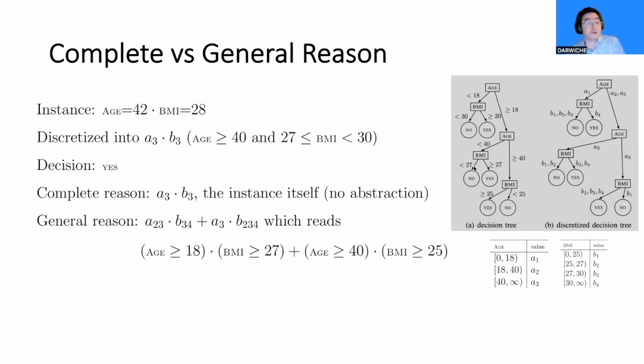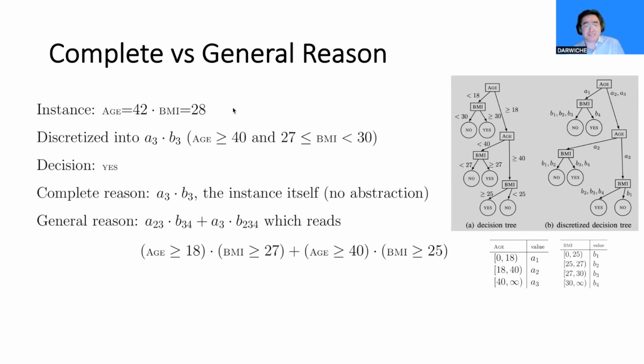We looked at this before, right? So we have an instance, age 42, let's say, and BMI 28, and it gets discretized into A3 and B3 based on this mapping of intervals to discrete values. So effectively, this classifier is looking at this as belonging to the equivalent class that says age is greater than or equal to 40 and BMI between these two.